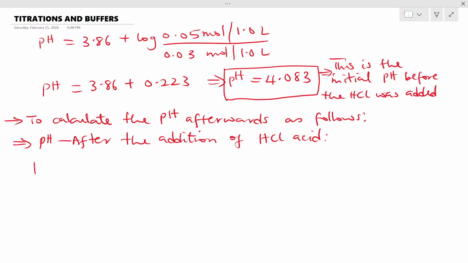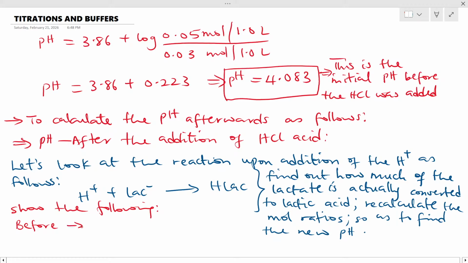So to do that with this reaction, we have to show the following. We are going to show the before, which will be represented by a B, the change represented by a C, and what?